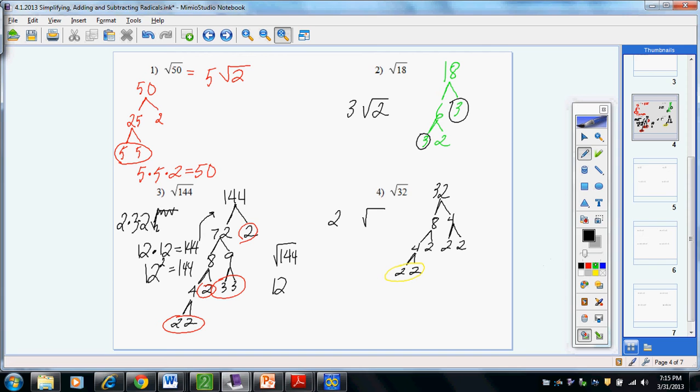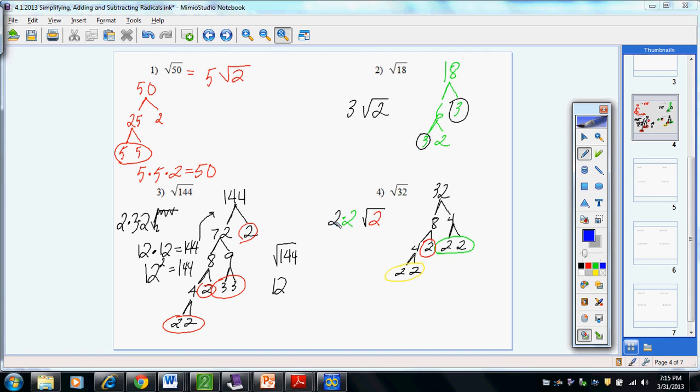And then we have another pair of 2's, and we'll move that out here as well. And then we're only left with 1, 2 left. So, simplified, 2 times 2 is 4, and we're left with square root of 2.